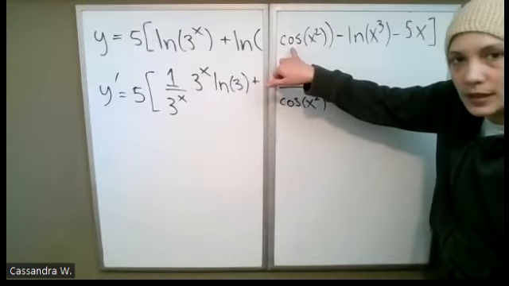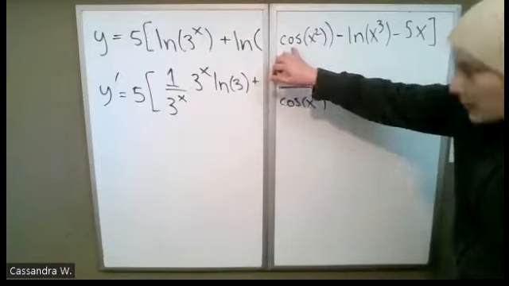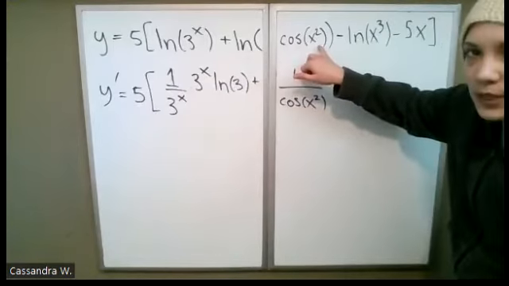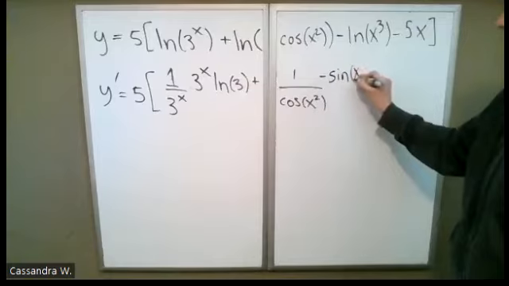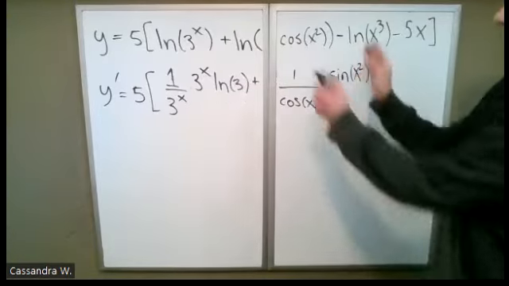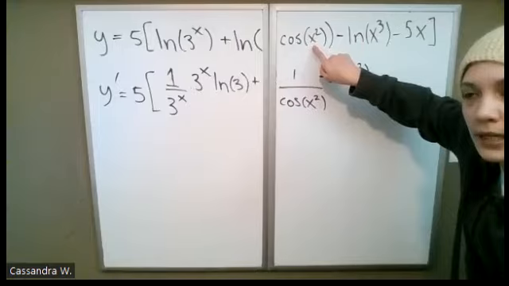Starting with the cosine part, its derivative is going to give you negative sine of what's inside, x squared. Go in there and take the derivative of x squared, which would be 2x.